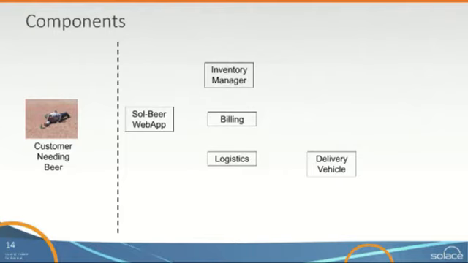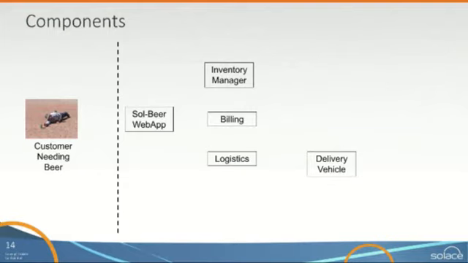So we all start at the high level from an architecture perspective, and we decide what components we really need to have in order to solve this problem. Certainly we need a customer. So a customer needing beer, particularly one that's maybe in the desert, apparently.